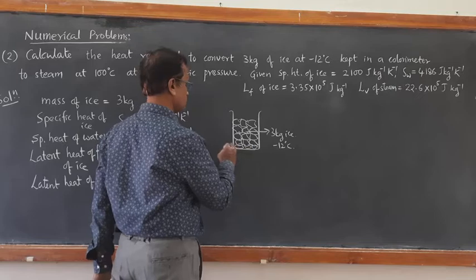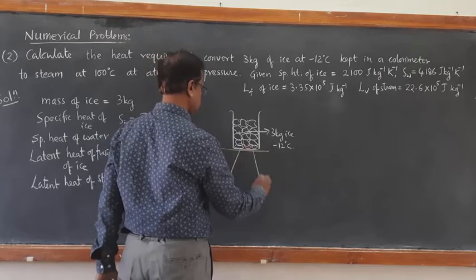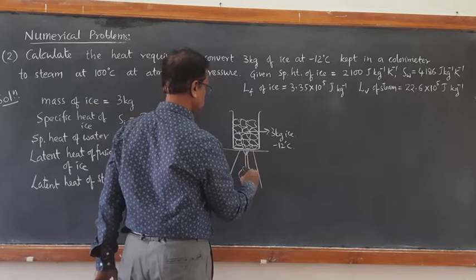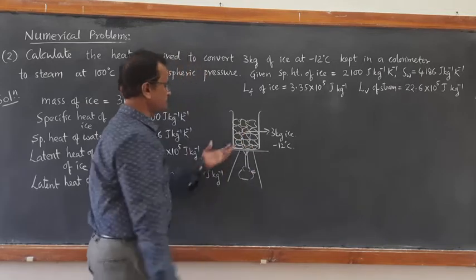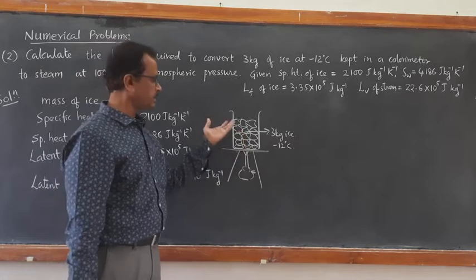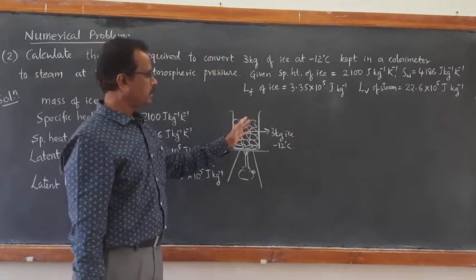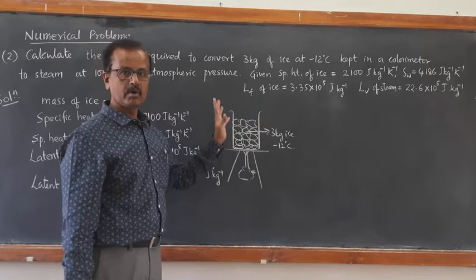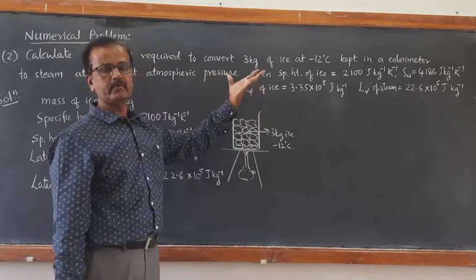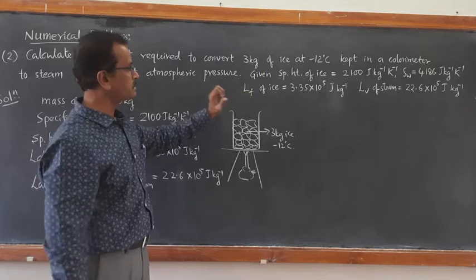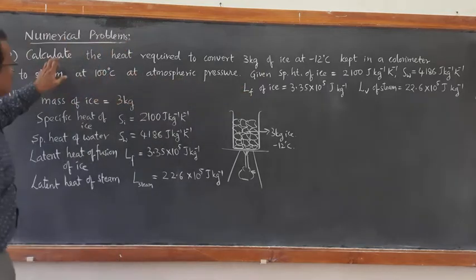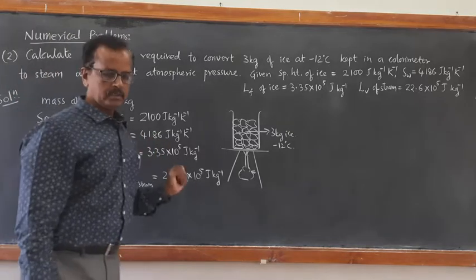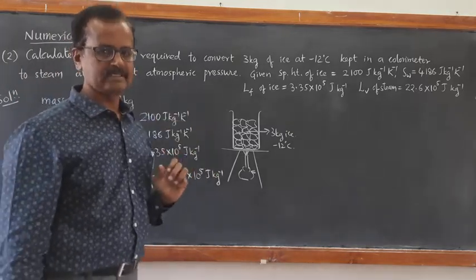It has to be heated strongly so that it first gets converted into ice water, then ice water into water, and it has to increase its temperature up to 100 degrees Celsius, boiling water, then boiling water has to be converted into steam at 100 degrees Celsius. What is the total heat required? This is the question. So it has got 4 parts.